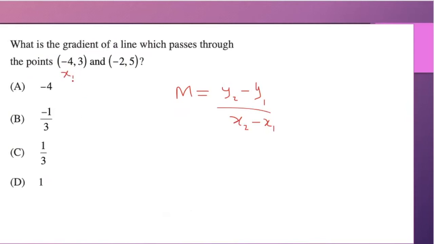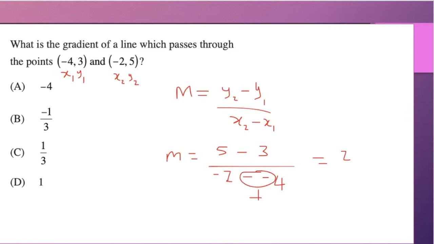I'm going to label this as x1, y1, and this as x2, y2, and substituting, I will have y2 is 5, y1 is 3, x2 is -2, and x1 is -4. Now 5 minus 3, that's 2. Negative of negative 4 turns to a positive, so -2 plus 4, that's +2. And 2 over 2 goes 1 time, so my answer is D.